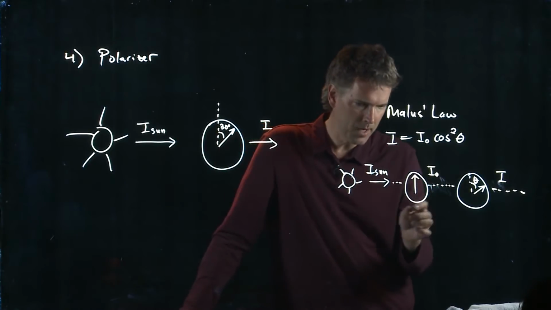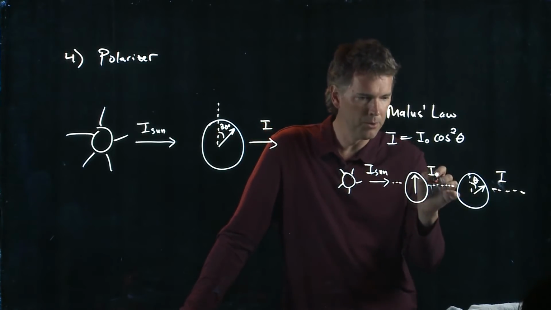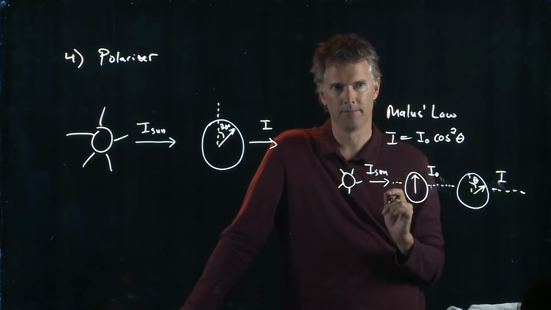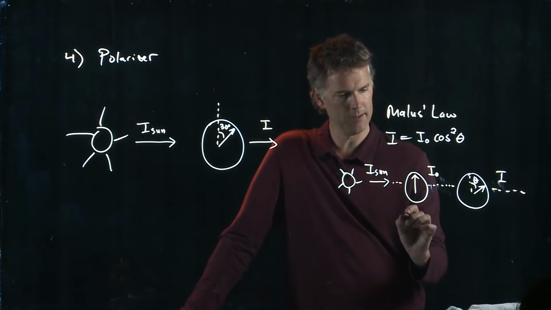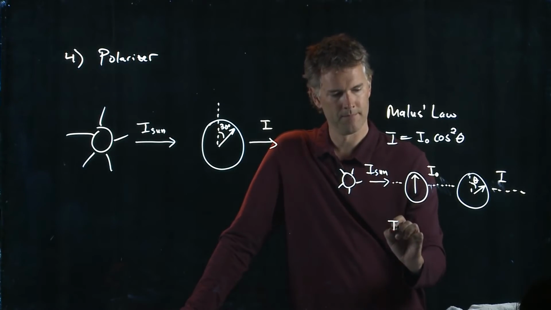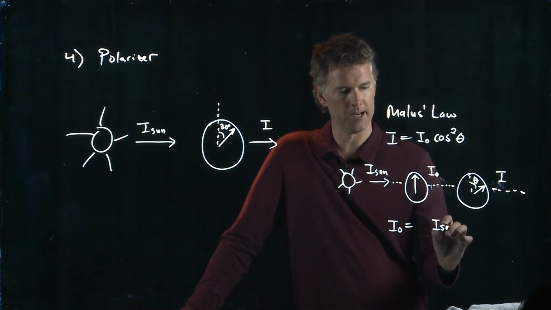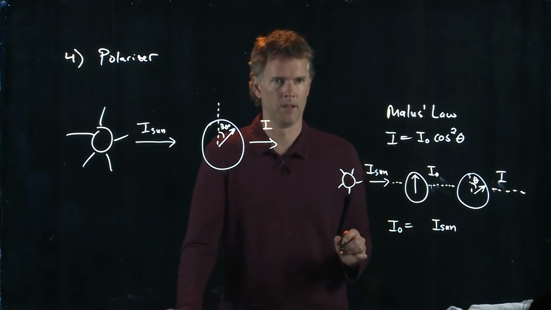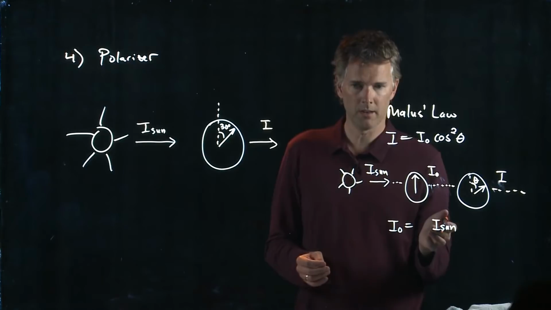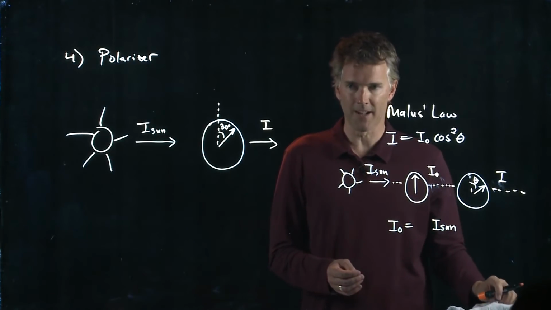But how much of I sun gets through that first polarizer to I naught? Do you remember what we did in class? There's some factor that I need to include here. Is it all of I sun that came through? Or is it some fraction of I sun that came through?